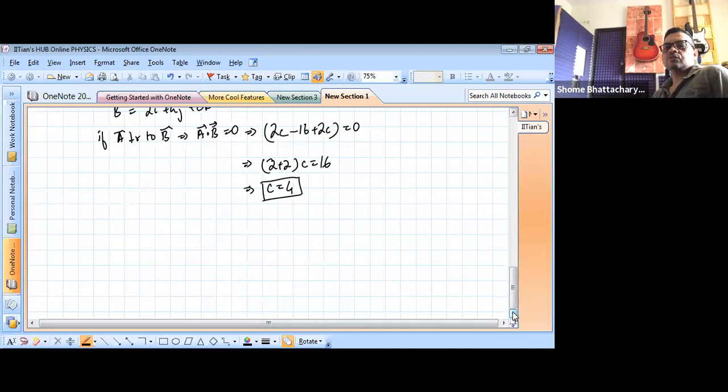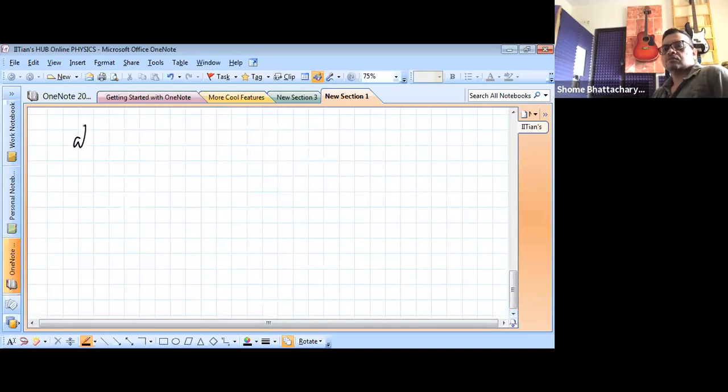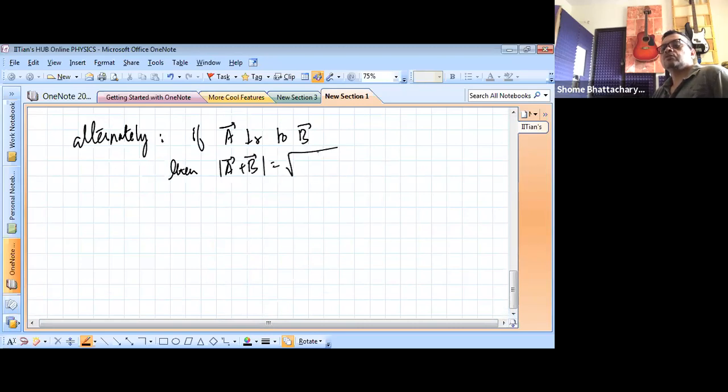Now, alternately, you can also do this, like Rahel here has tried this alternate method. If E and B are perpendicular, then magnitude of E plus B should be equal to root of E square plus B square.